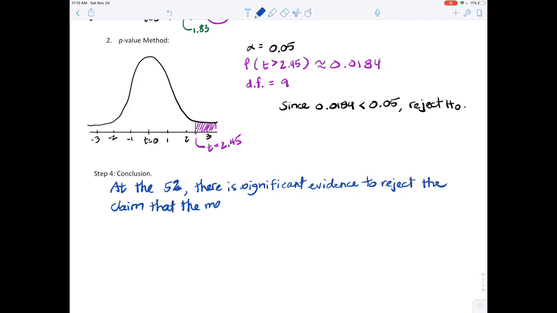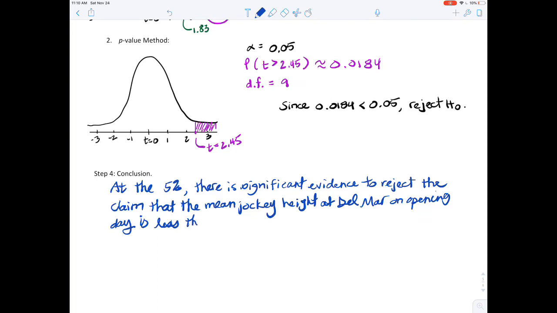that the mean jockey height at Del Mar on opening day is less than or equal to 60 inches.